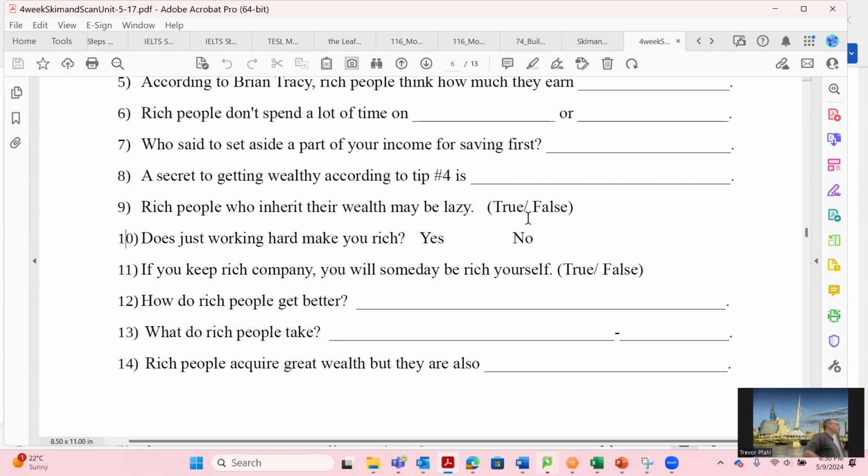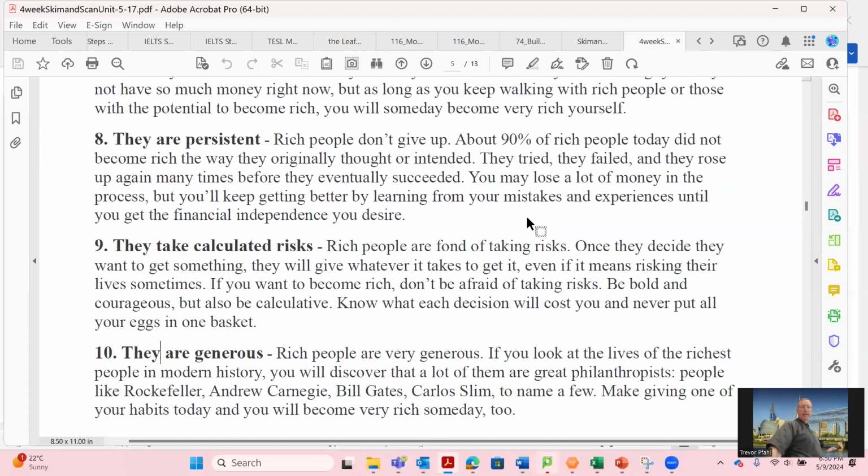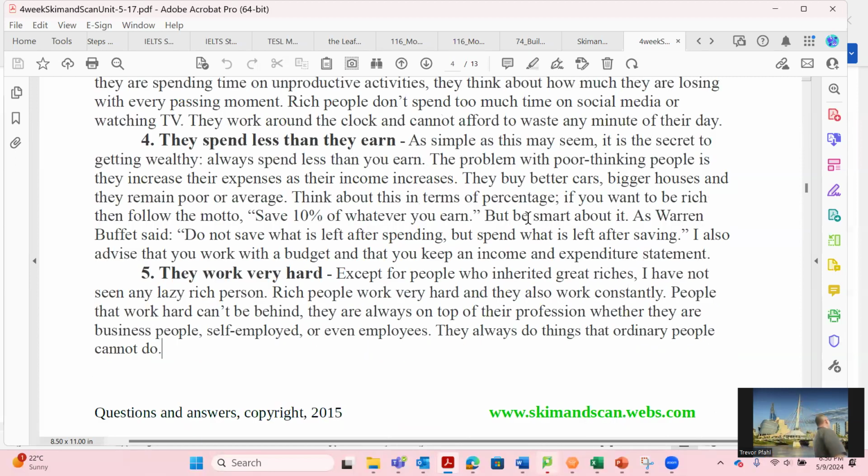Here's where it says that in this section. They work very hard, except for people who inherited great riches. Except for people that have inherited, I have not seen any lazy rich person. So if they inherit, some of those are lazy. But if they had to work for it, they're not lazy because they know how hard it took them to get to that position. So it's looking at this subordinate clause, except.